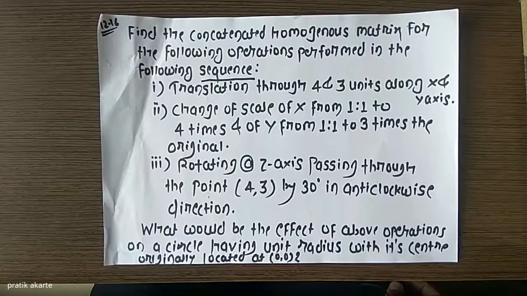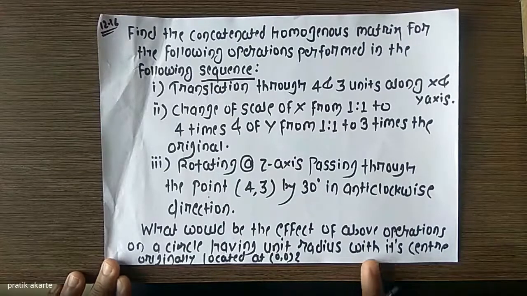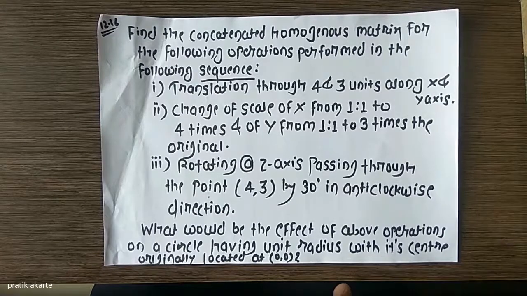Then they have asked what would be the effect of the above transformations on a circle having unit radius with its center originally located at 0, 0. So they have given us one geometry, a circle, on which we need to perform all the transformations and find out the effect.